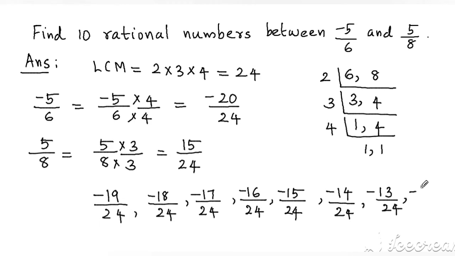You have to list 10. Then negative 11 by 24, and negative 10 by 24.